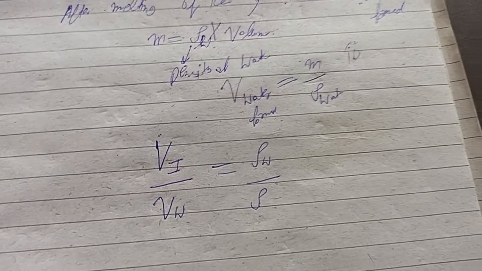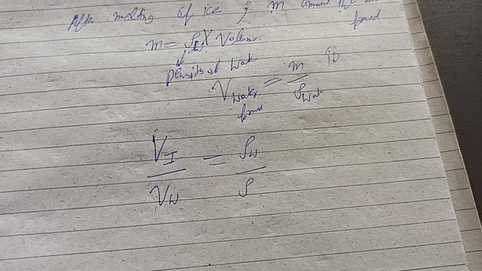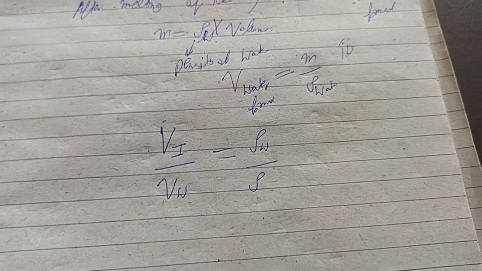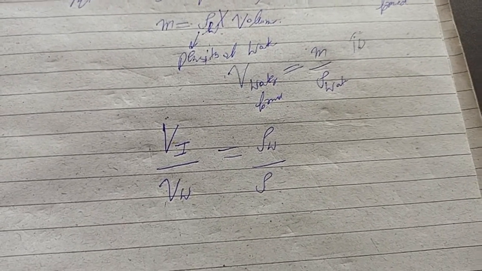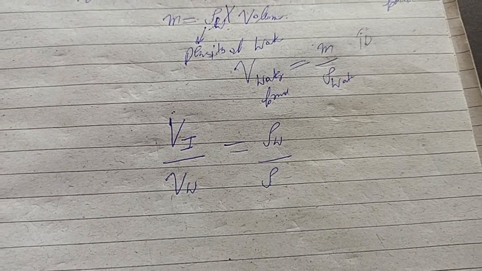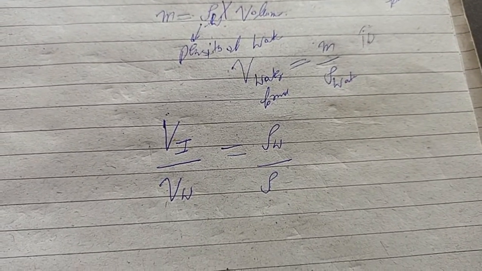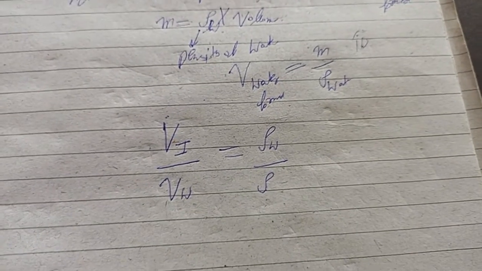So how will we deduce the conclusions? When the ice melts, the portion which was inside the liquid, which was Vi, will disappear completely. So two things are happening.